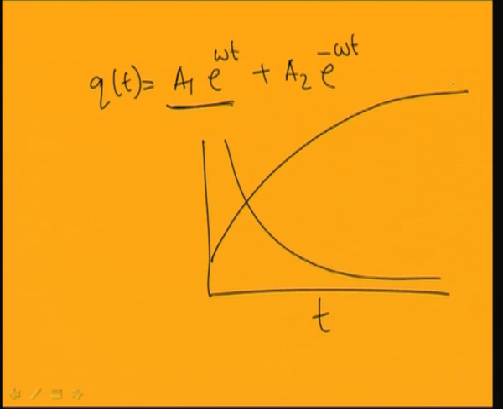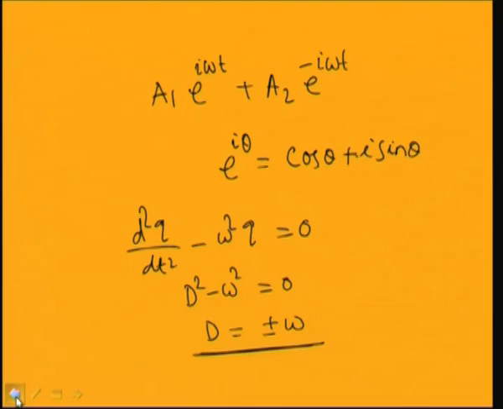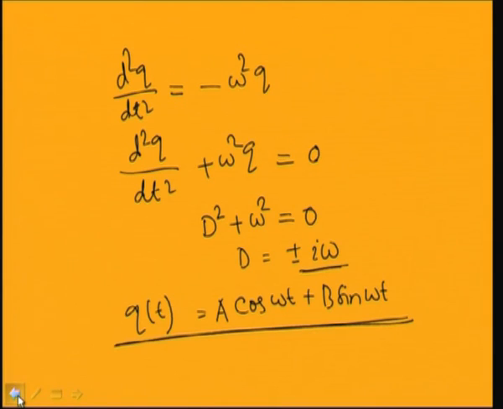As we are considering a stable system, for this reason we should not take this constant to be positive omega square. So, for that reason you should take the constant to be minus omega square, and the solution of this equation is q t equal to a cos omega t plus b sin omega t.